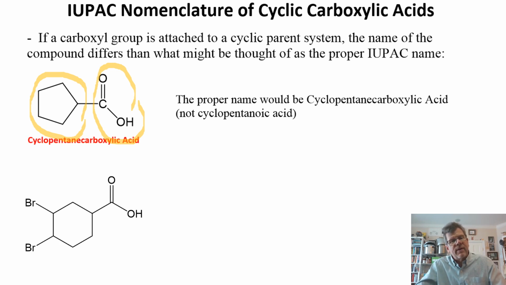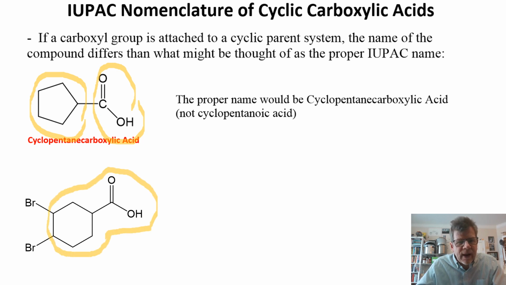Here's a carboxylic acid connected to a cyclic structure with some other substituents connected to it. Well, we see that our main piece right here is this 6-membered ring, cyclohexane, with the carboxylic acid connected to it.